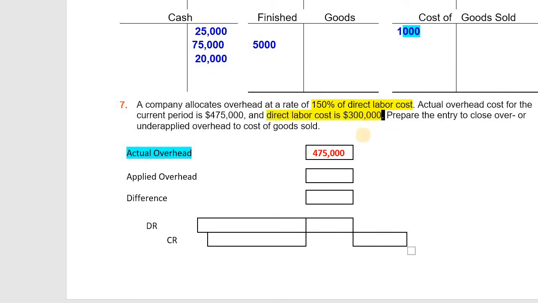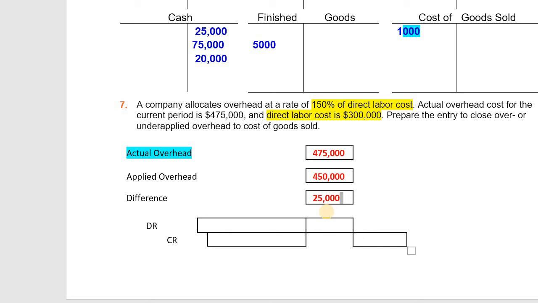So we want 150% of 300,000, which I think is $450,000. That's what we apply. So what's the difference? The difference is $25,000.